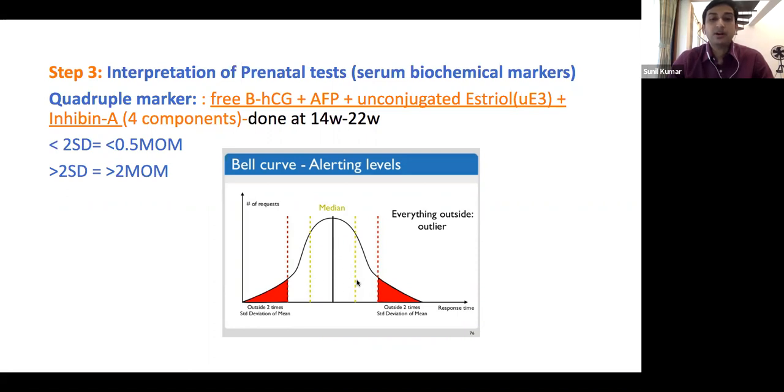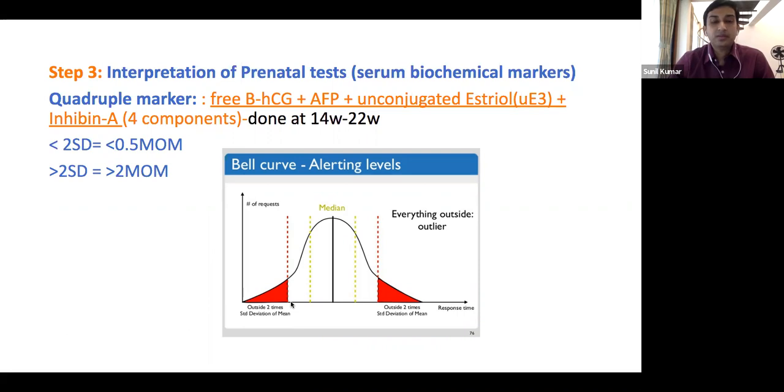Some will go beyond these lines, and very few will go beyond this red line. These are called outliers. If the values fall within this curve, then it is normal, meaning the majority of people will fall into this category. These are outliers. Anything outside 2 standard deviations is called an outlier.